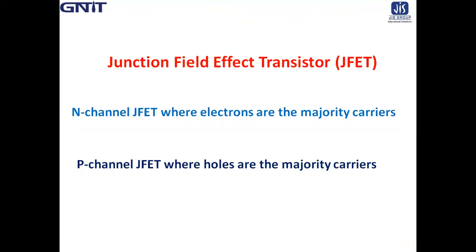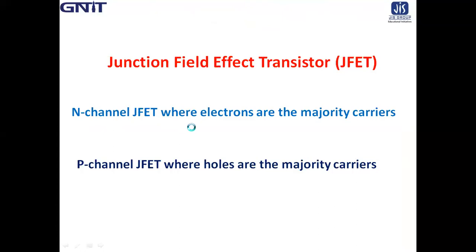The JFET can be classified into two types. One is called N-channel JFET, where electrons are the majority carriers, and the other is called P-channel JFET, where holes are the majority carriers.